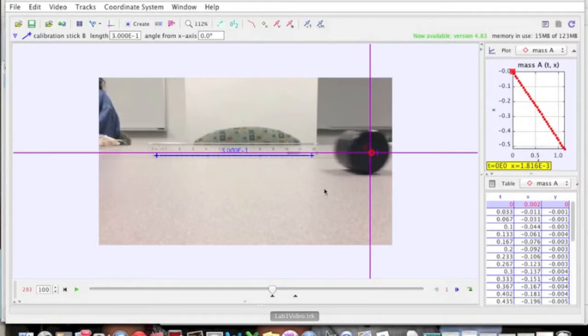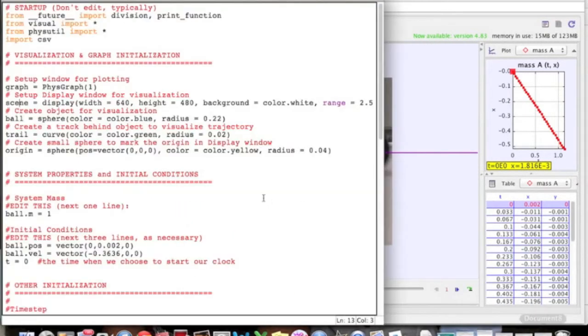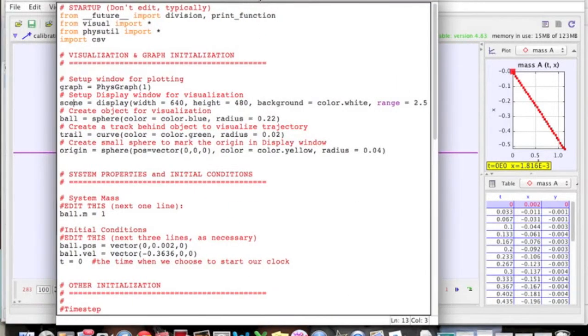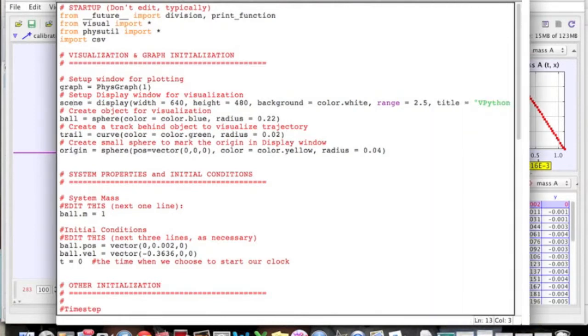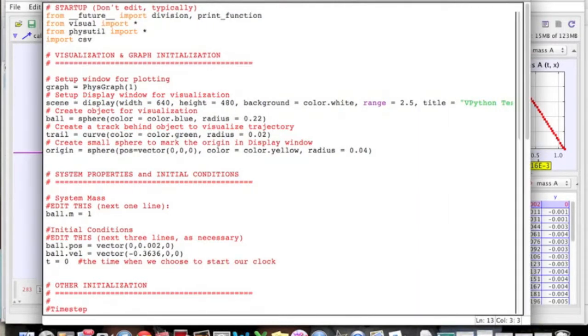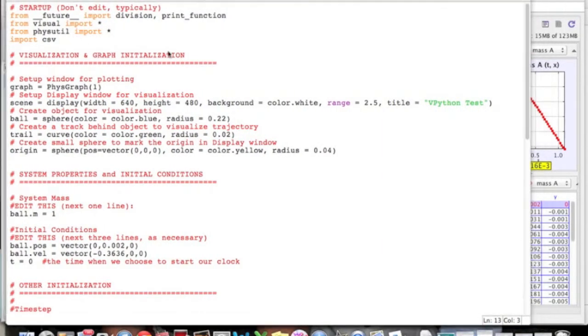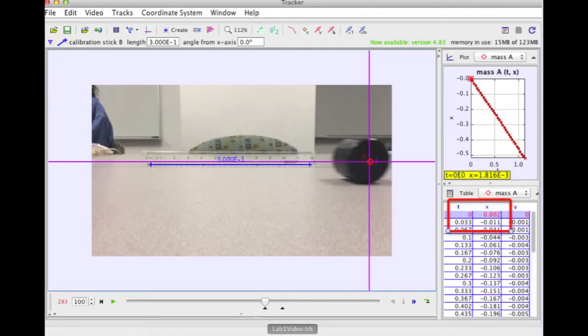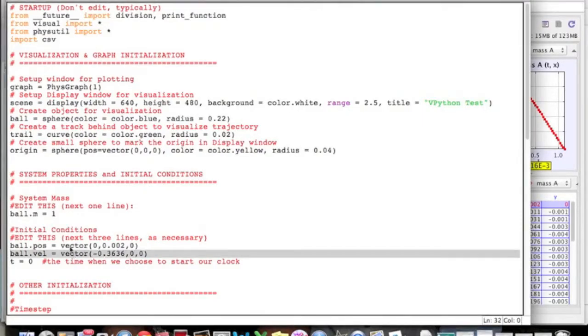Now, in order to compare my experimental observations with a computational model, I used VPython to visualize the predicted change in motion. For the model, I used the initial position from Tracker as my position vector and calculated the initial velocity from this data to use as my initial velocity vector.